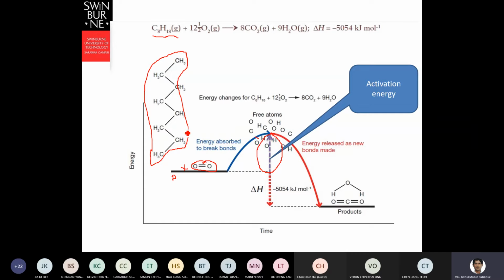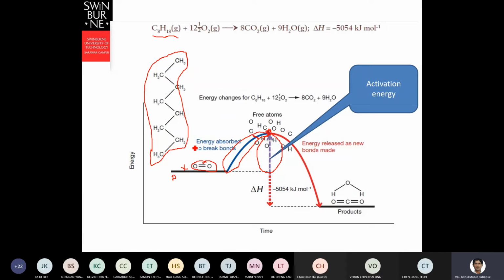But until just before here, they will be together, and they will be colliding still, but they will not go to the product until it reaches this point. When it reaches this point, they start to form bonding and then they produce the product. So this is the activation energy. The activation energy is the spark.